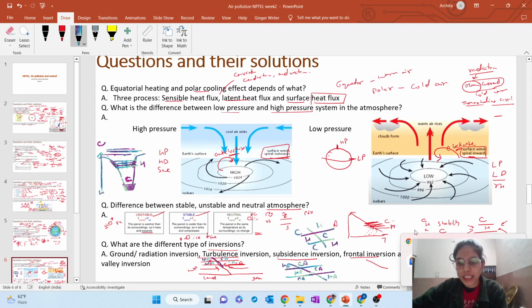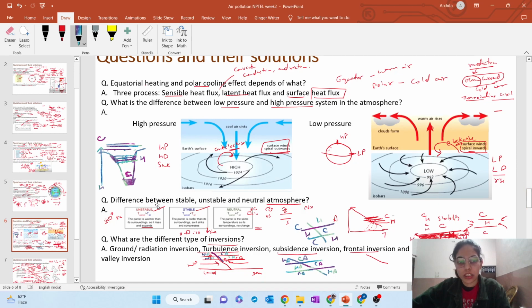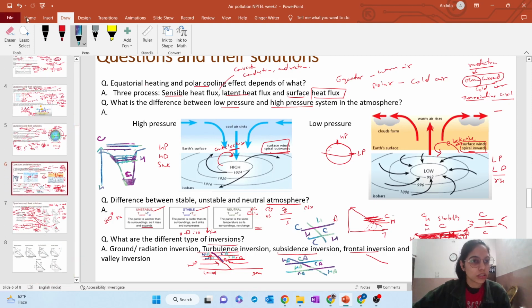Inversion, like what is inversion, or what are the different types of inversion? Okay. So inversion is when, okay, I'll show just a bit.